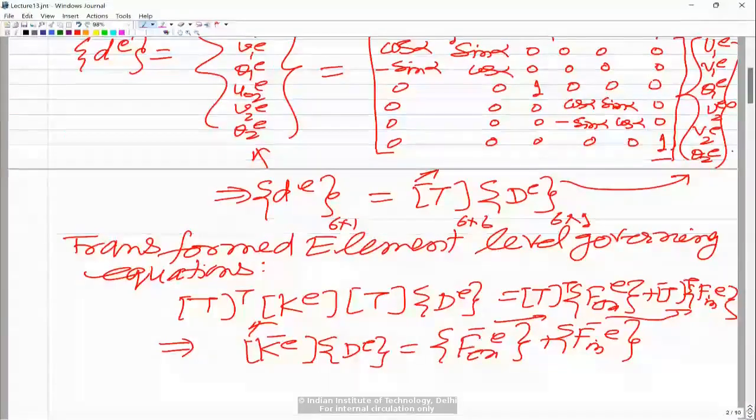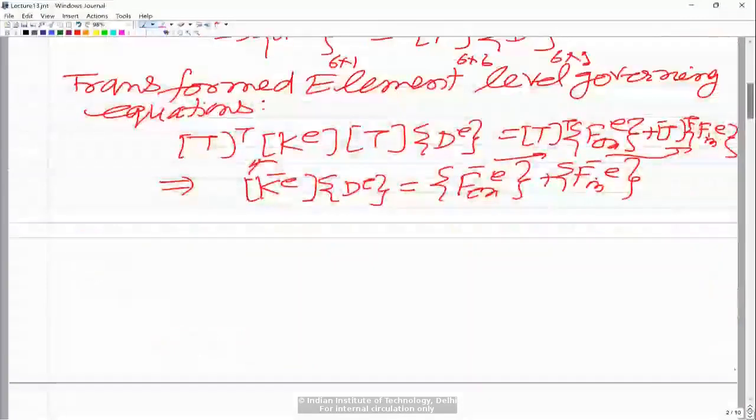And then we have to, of course, assemble, impose the boundary conditions, and all those steps. So let me show you another application of this element. If you look at a number of structures, some of the structures existing inside a submarine can be approximated using these.